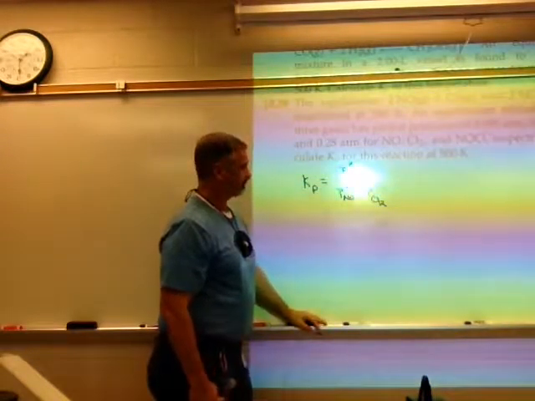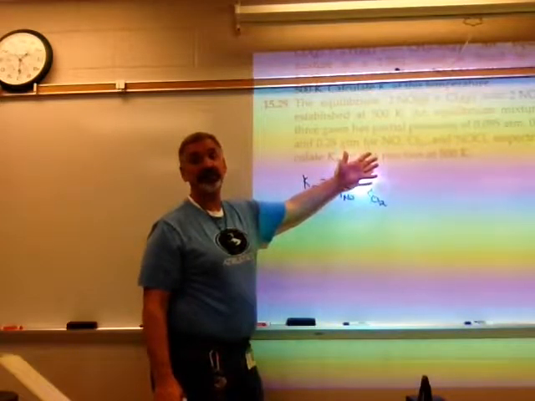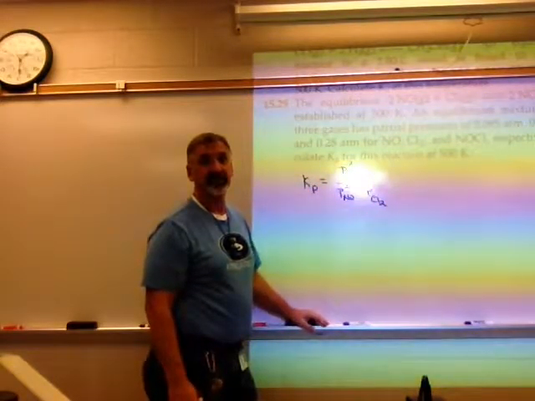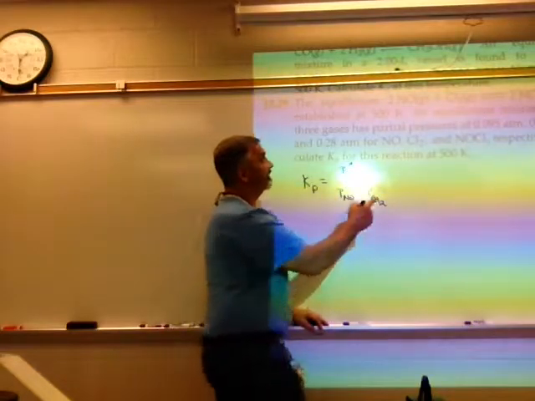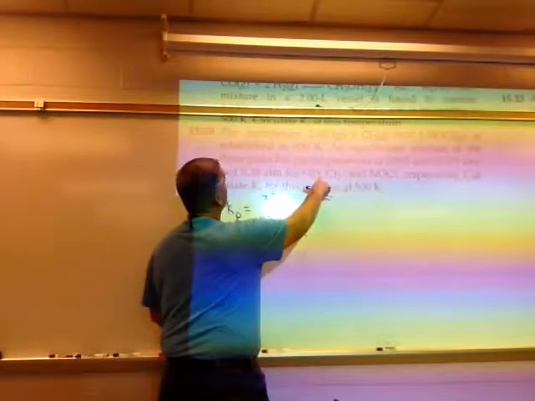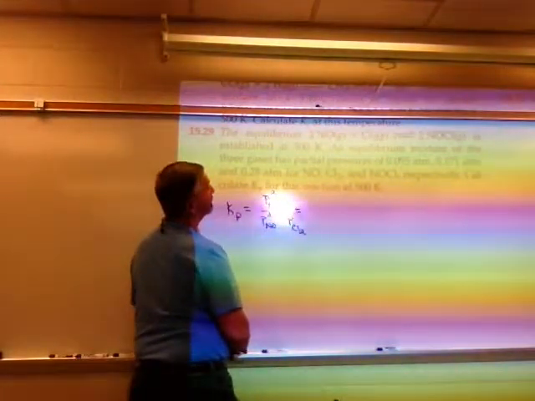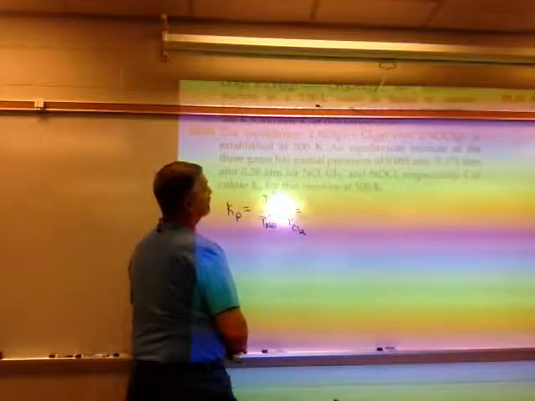So now we just need to plug in. So all we do now is just plug in the values that are given. They list them in order, right? Three gases respectively.